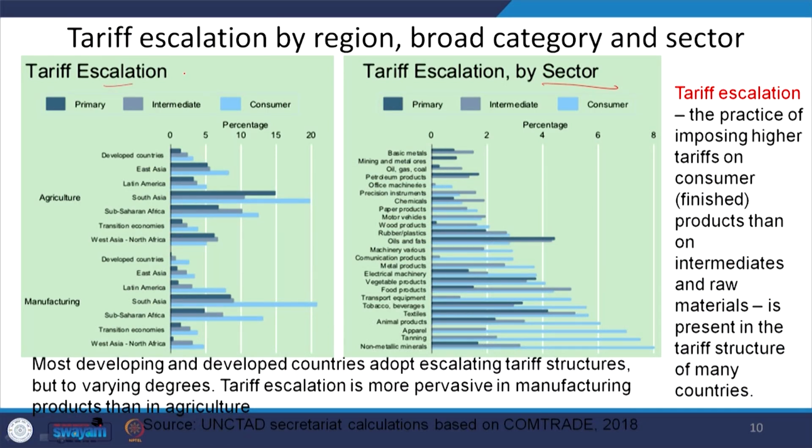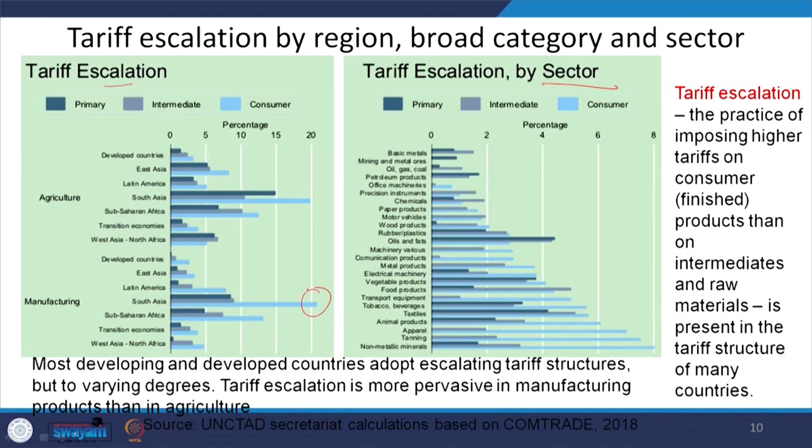And what we have observed here, looking at escalation by sector on the right hand side, and this is by country: most developing and developed countries actually follow an escalating strategy of tariff structures, but of course to varying degrees. Tariff escalation is more pervasive in manufacturing products than the agricultural ones.